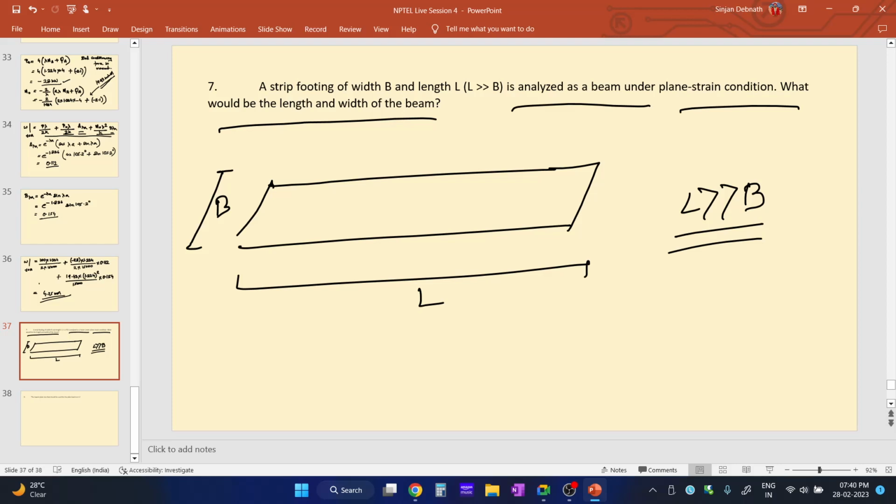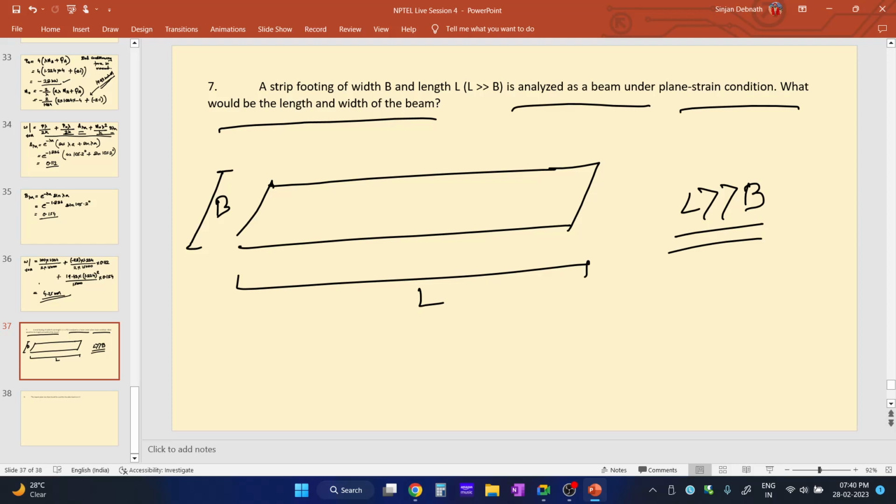If you go through the last two or three sessions, you will understand that for strip footing, the length is very long. So the bearing capacity that we are finding out, we were finding for unit length, that means per meter length of the strip footing.